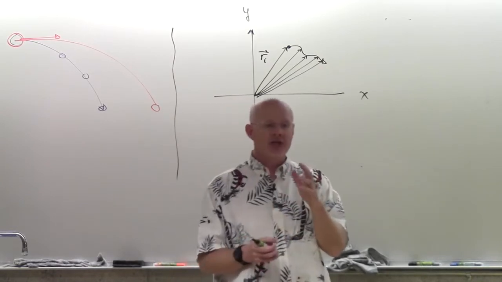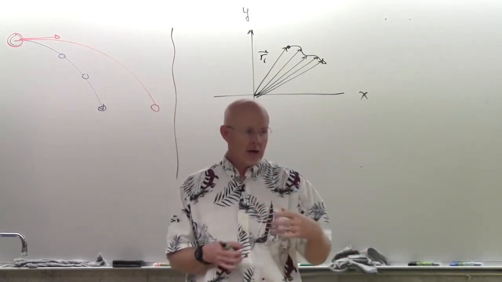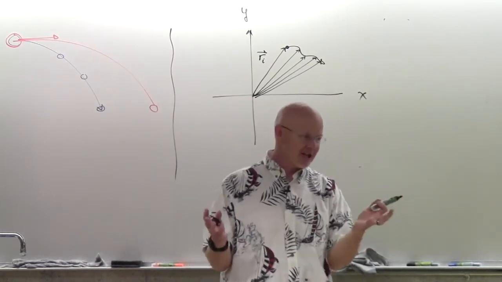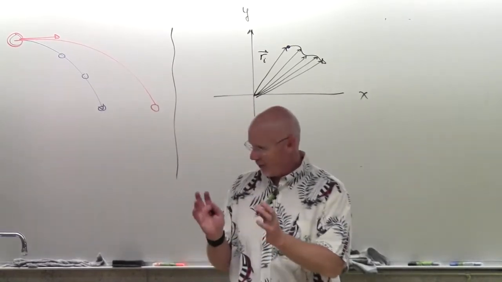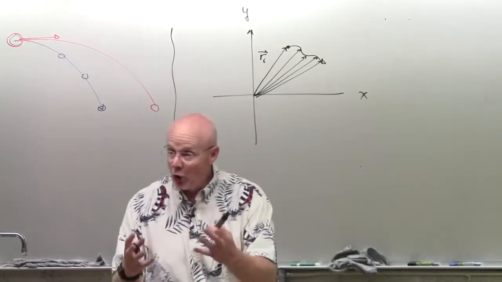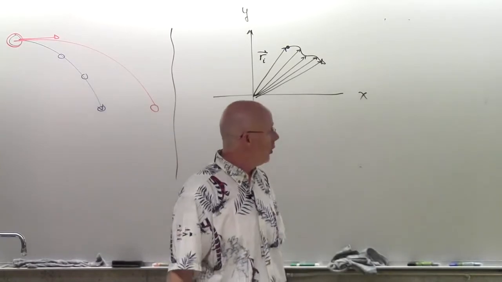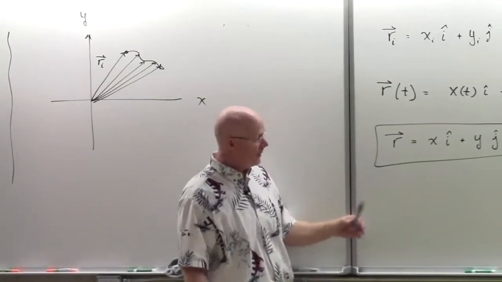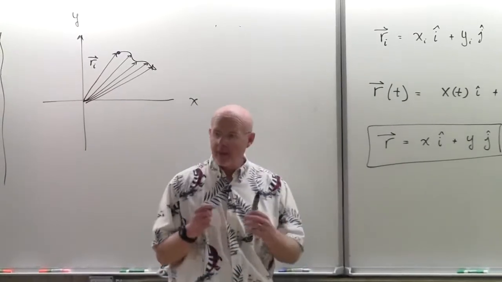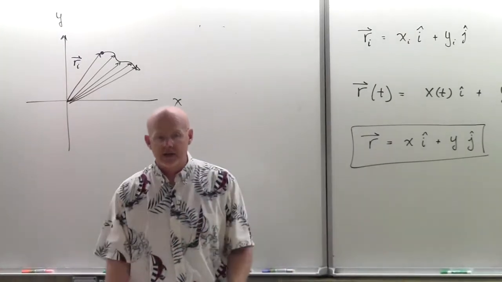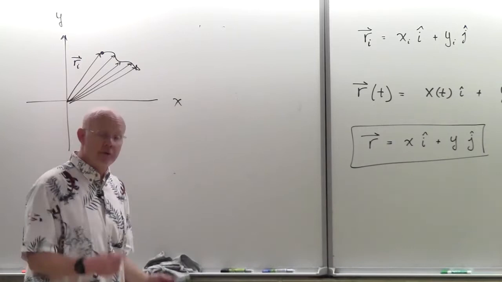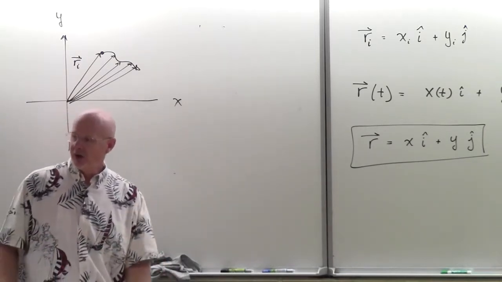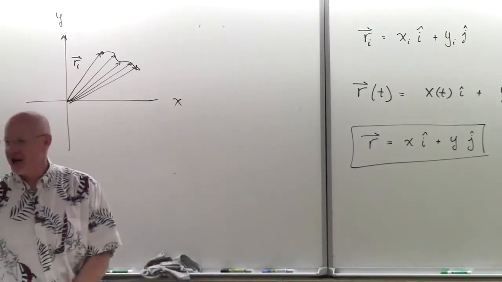It's not at position 3, 4. It could, but that would be something that's stationary, and that's kind of boring. That's not what we want to study. We want to study things in motion here and all the pieces that go with it. So as you'll see, me and your author, as you read them and do the problems, they'll describe the position vector like this.